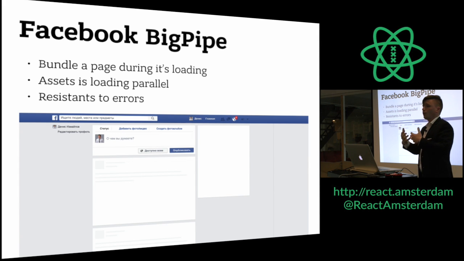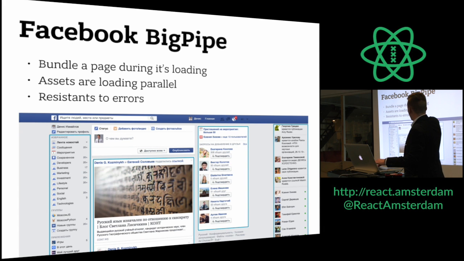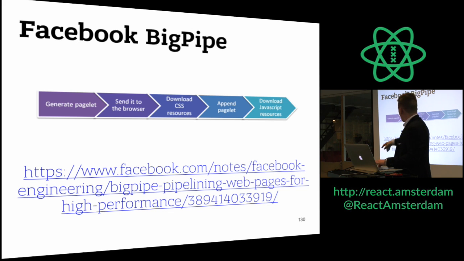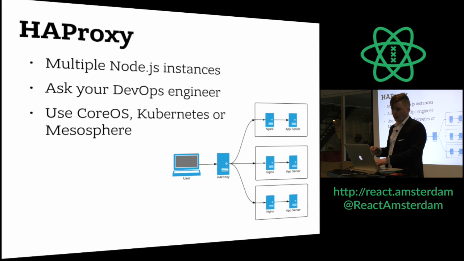The user will feel that the page is starting, and it works immediately. Then we just load the remaining parts by JavaScript, 1, 2, 3 in parallel. It works very, very well. There is a Facebook post about this technology, and it is working right now in Facebook.